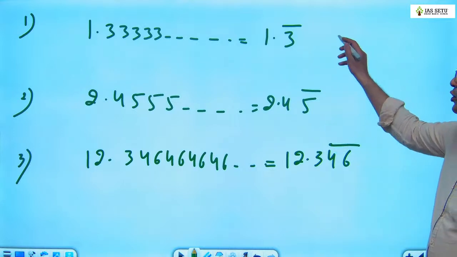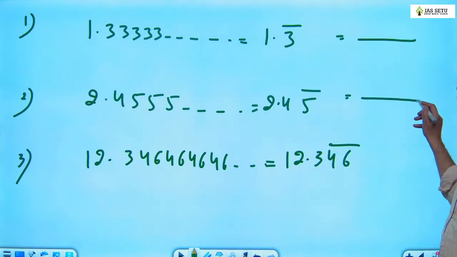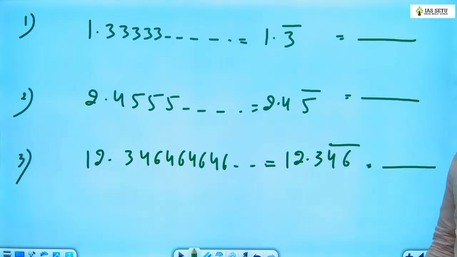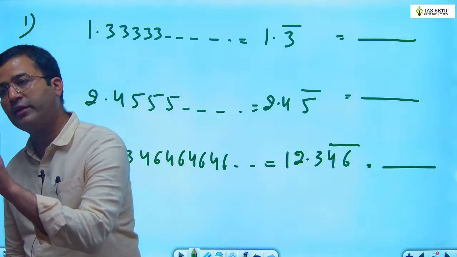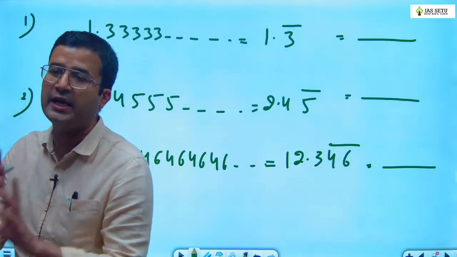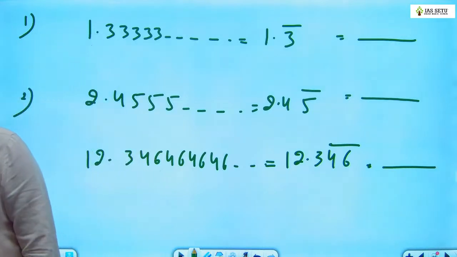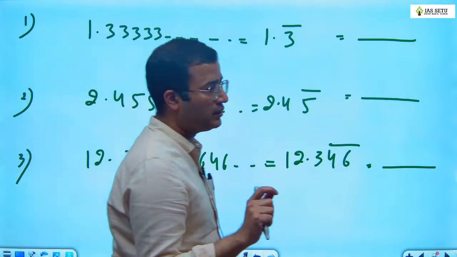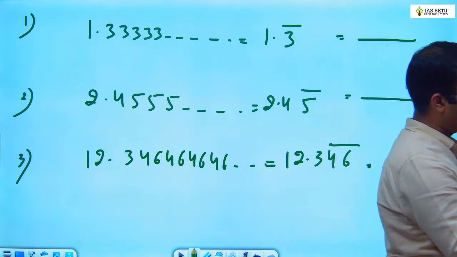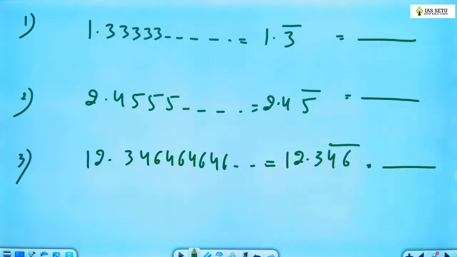Okay, numerator upon denominator, numerator upon denominator, numerator upon denominator. Let me tell you, for the denominator we have only two rules, 9 and 0. 9 का रूल है as many 9 as many digits under the bar. 0 का रूल है as many 0 as many digits between decimal and recurring.